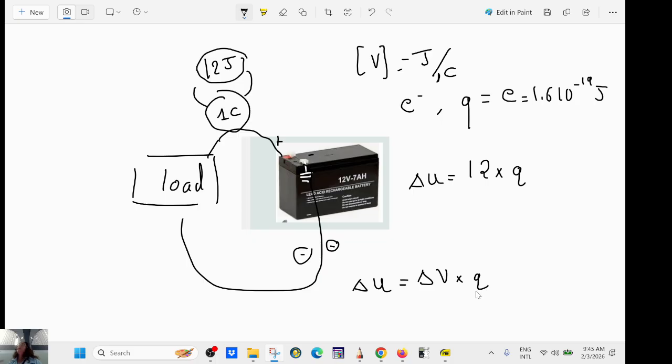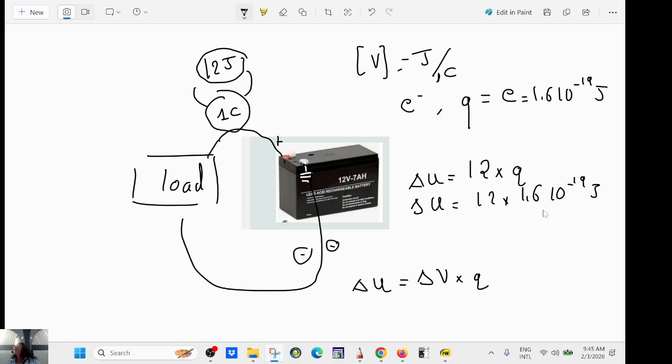So if I want the energy in joules, all I have to do per electron is this: the energy that each electron is carrying will be 12 times 1.6 times 10 to the negative 19 joules.